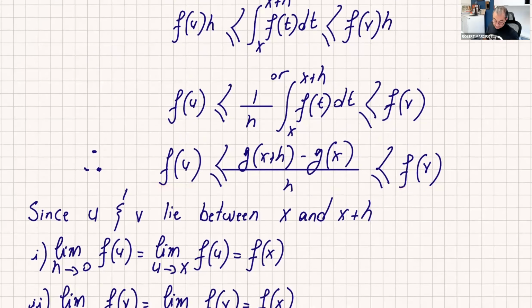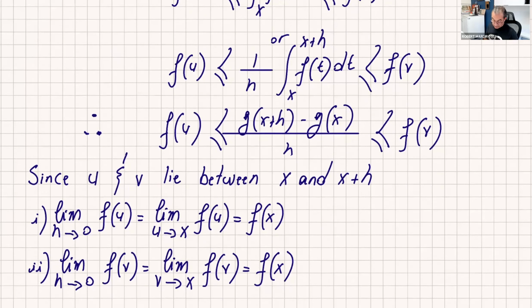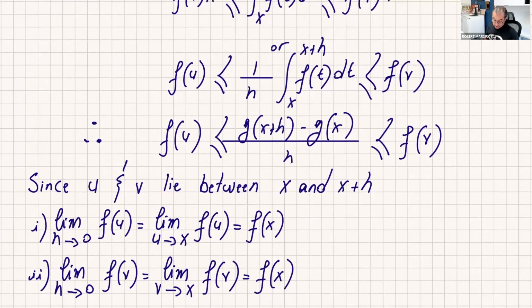Now, since u and v lie between x and x plus h, let's take the limit as h approaches 0 of f of u. As h approaches 0, u is going to approach x, so f of u becomes f of x. As h approaches 0, v is going to approach x also, so f of v can be written as f of x.